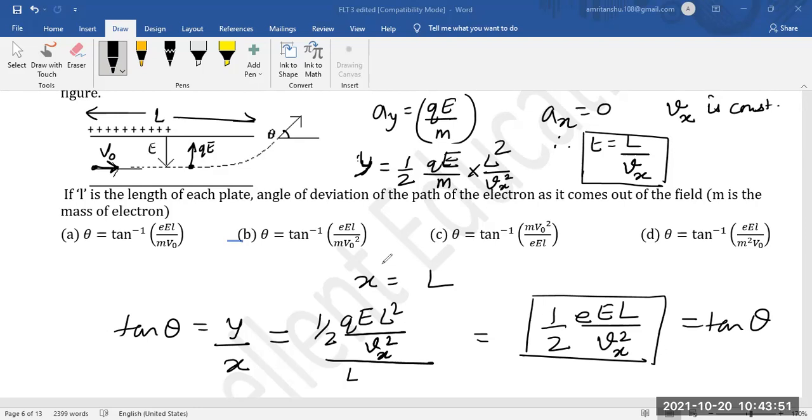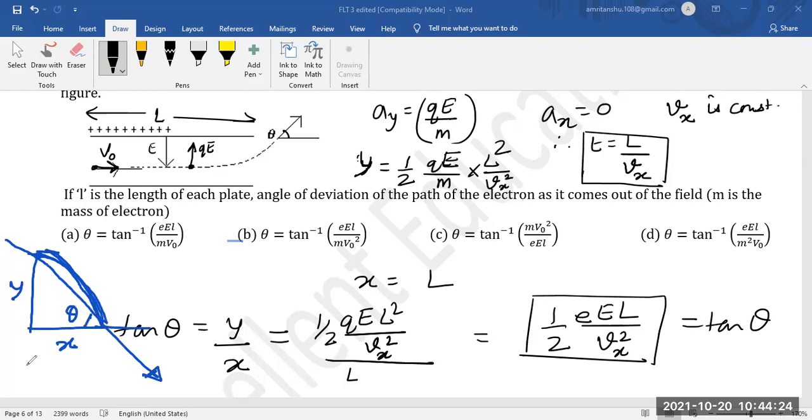So let me first tell you the concept. Actually, if you just see in case of a projectile, correct? Let's say we are talking about a projectile. So if a projectile is thrown from this point to this point like this. So if we simply take y upon x, it gives us this angle, correct?